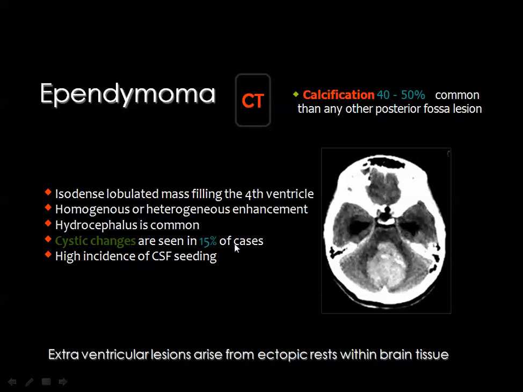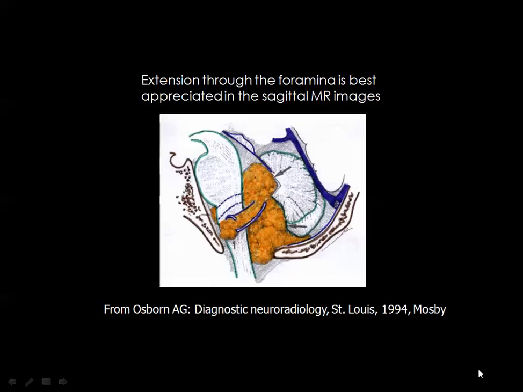One of the classic criteria of ependymoma is its ability to creep within the fourth ventricle and extend through the outlet foramina of the fourth ventricle by somewhat plastic extensions which are not seen in the rest of the tumors occurring in this area.